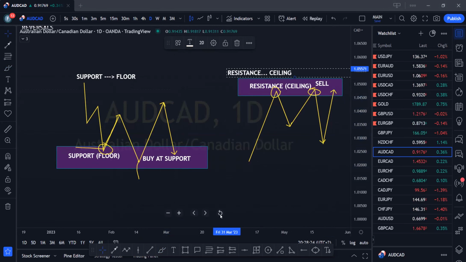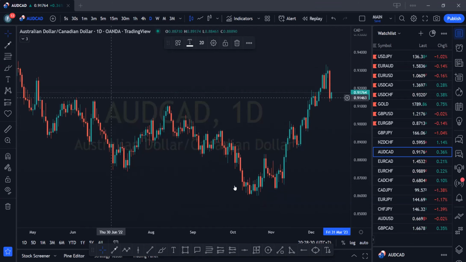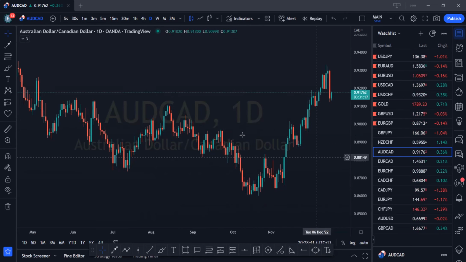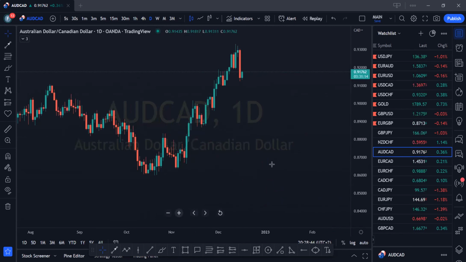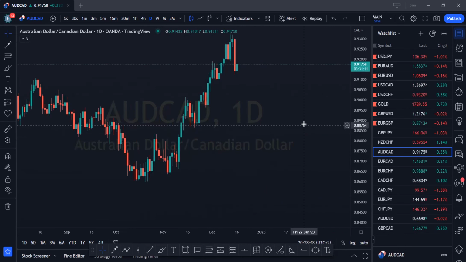So let's go to the chart and identify these areas of support. So this is AUD card, and this is the daily chart. The first thing that we are going to be doing is to identify those zones. So let's start by identifying a support zone. Remember, we said that support is an area of the market that acts as a floor.